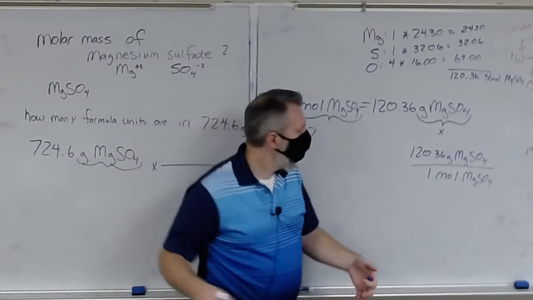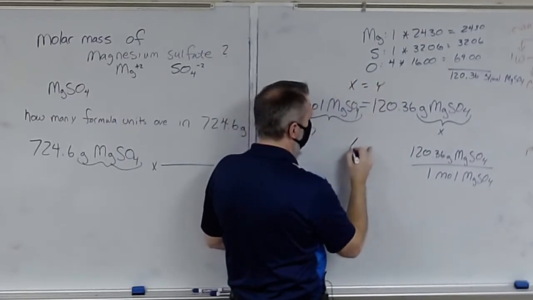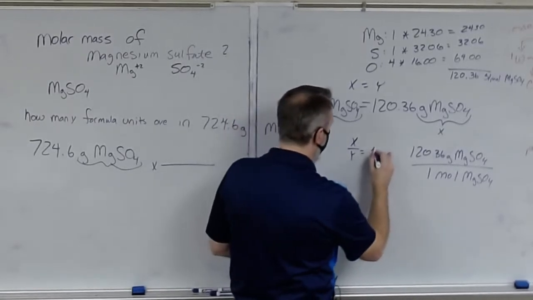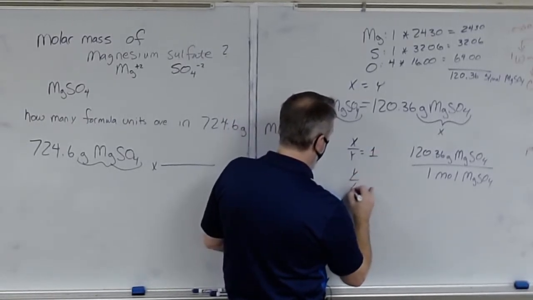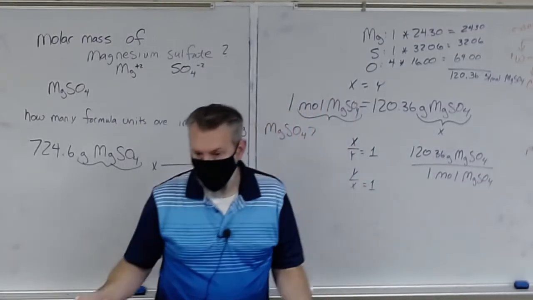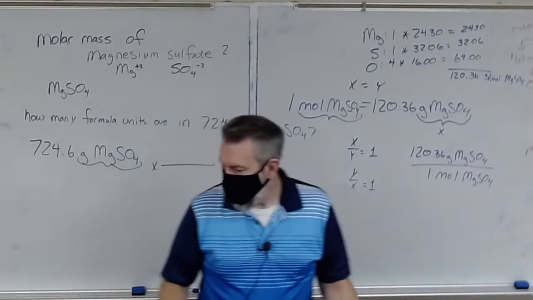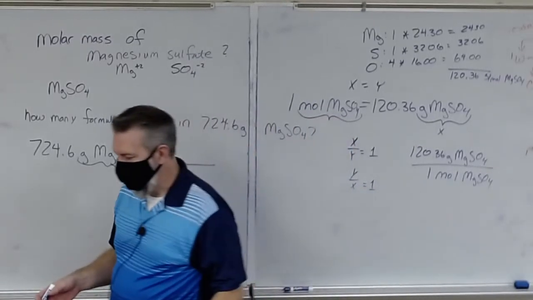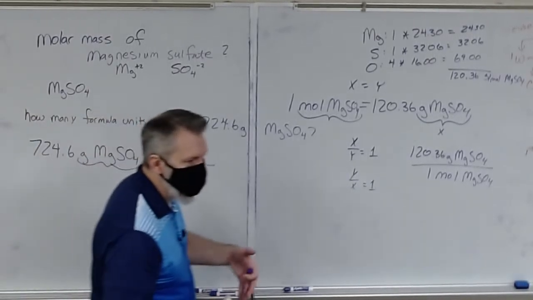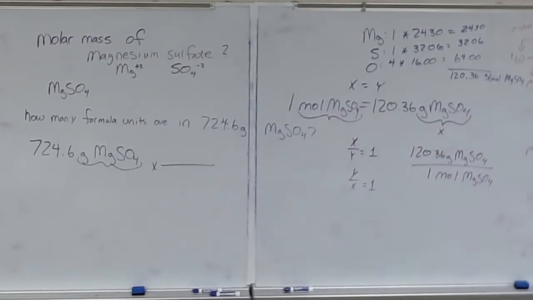Mathematically, algebraically, if x is equal to y, then x over y equals 1, and y over x equals 1. And anything multiplied by 1 is itself, right? When we're doing dimensional analysis, I'm not changing the value, the actual amount. I'm just changing how I count it.